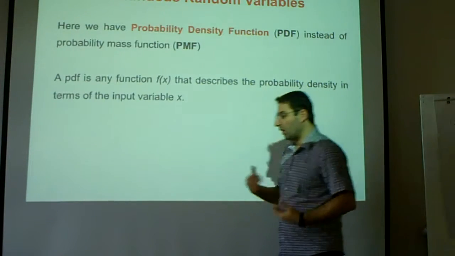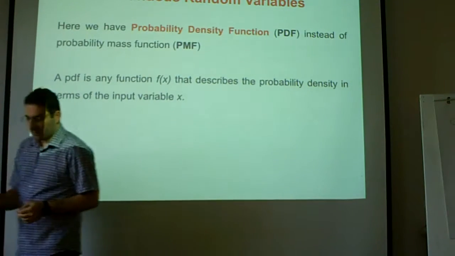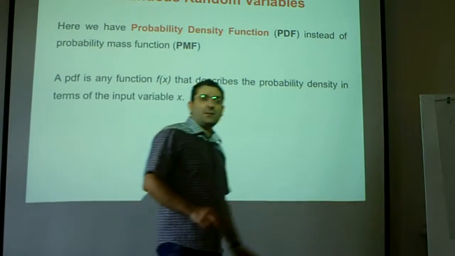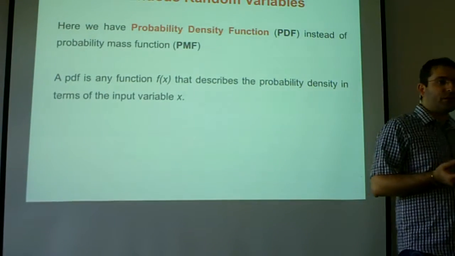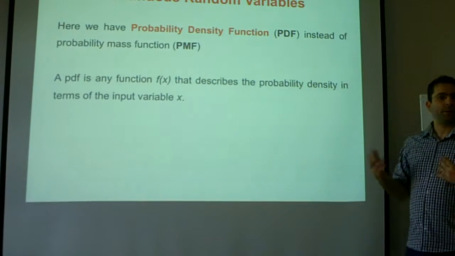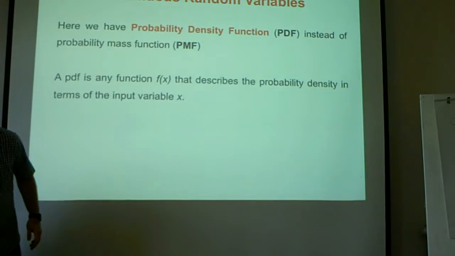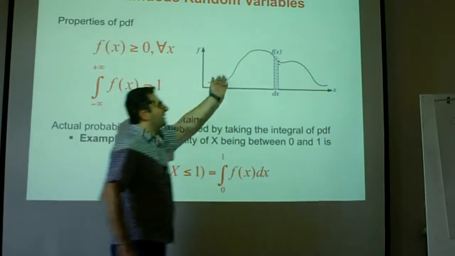So it's good to know how we are dealing with the continuous forms. When we have a continuous random variable, the PMF, probability mass function, we will change it to probability density function, or PDF. PDF is something like that.